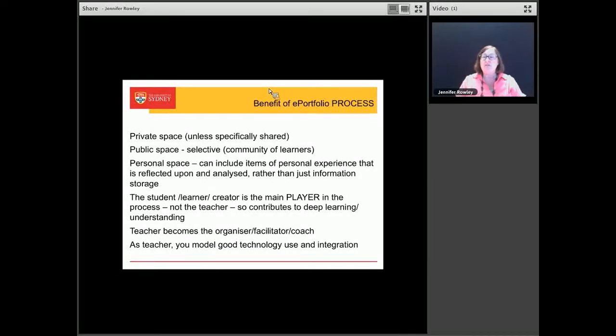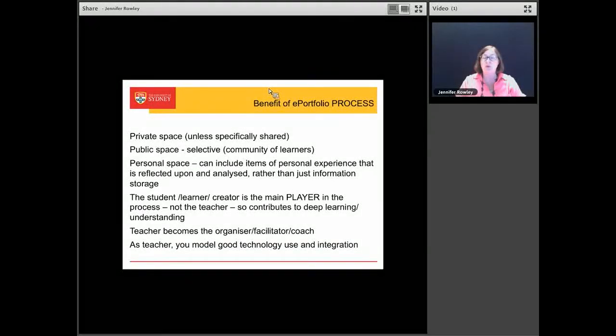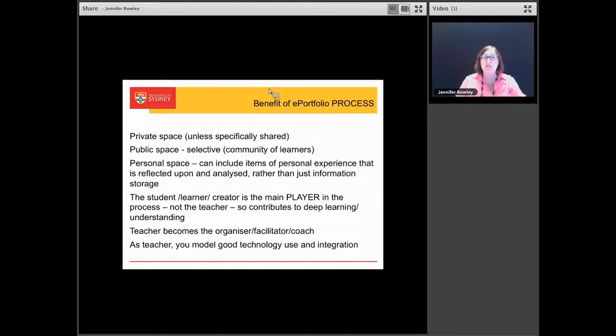So the benefit of the process is, as I said before, this private or public space. But what I really like about it is that it's almost like a playground, a sandpit, whatever you'd like to call it, a personal space, where the students can actually include items of personal experience rather than just information storage or putting their assessment tasks into there.